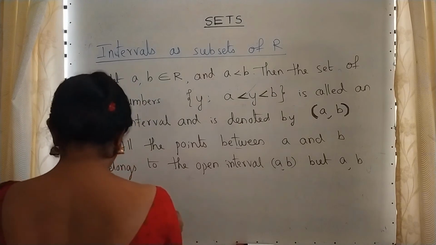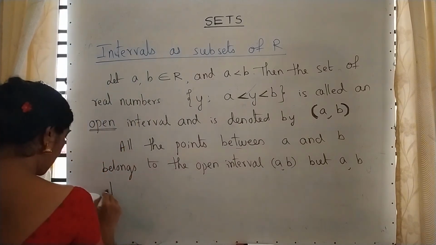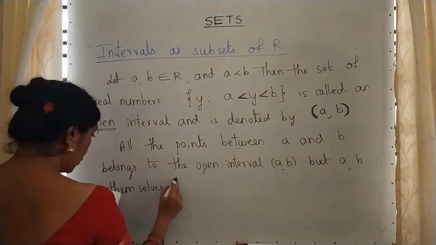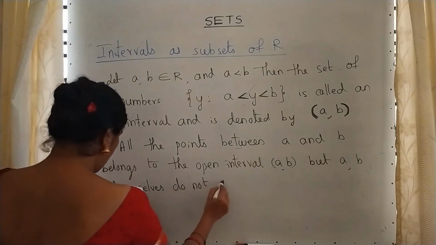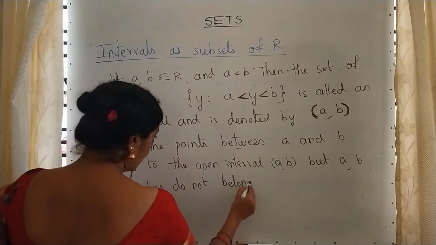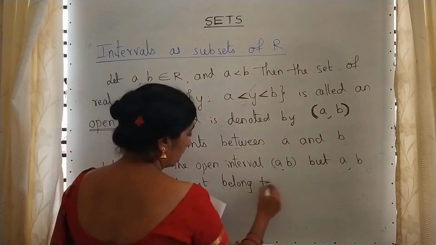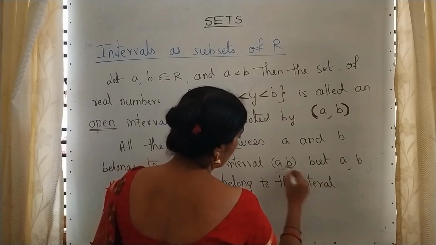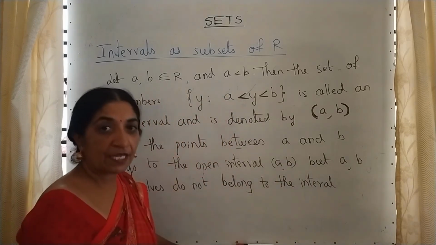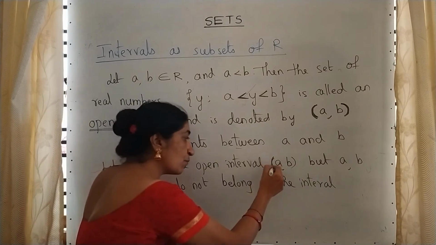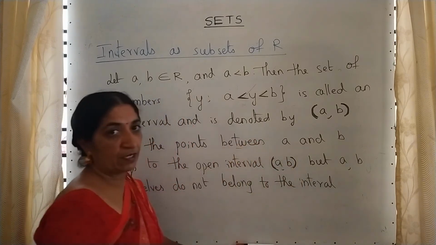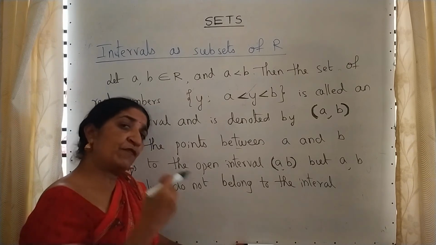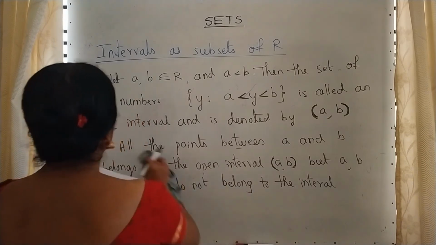A and B themselves do not belong to the interval. We are not considering those end values, we are not taking them. And this is the symbol for an open interval. Understood? If you write the notes along with me, then you will be very perfect in mathematics. Now we are moving to the next one.